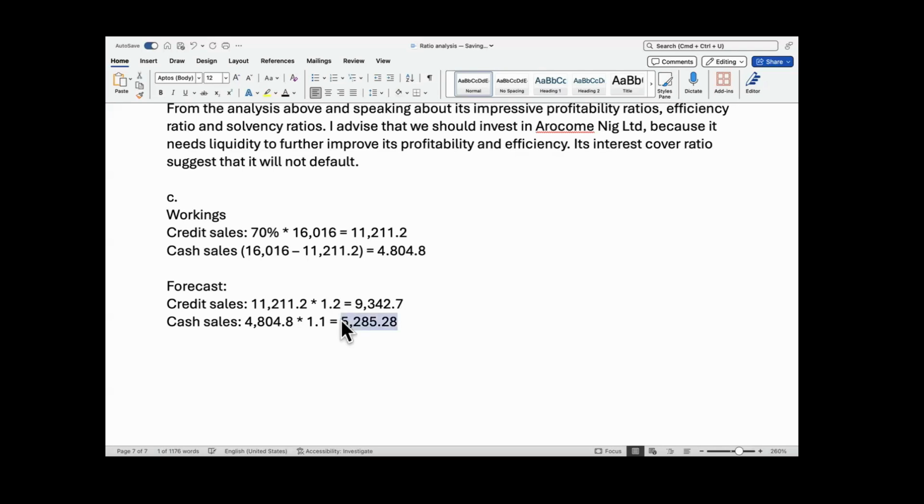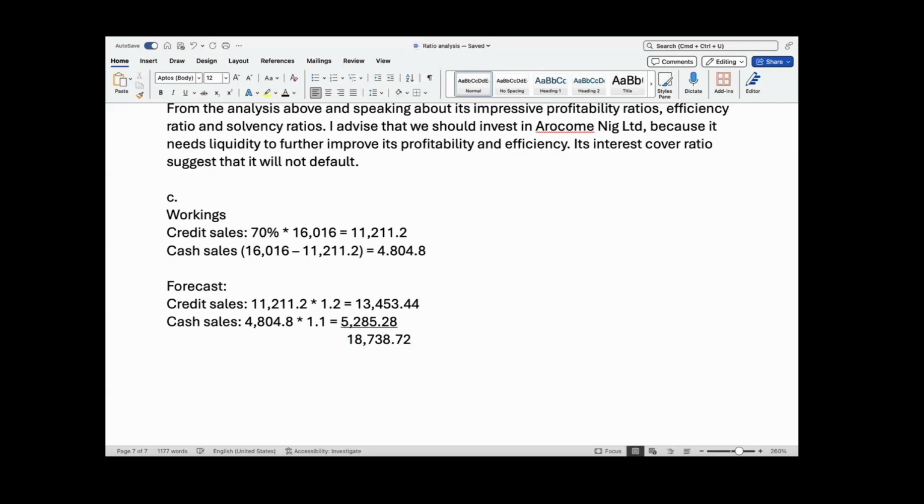If I add the two together, I can get the total forecast sales: 13,453.44 plus 5,285.28 should be 18,738.72.